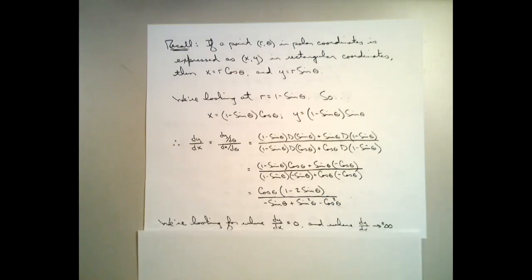And so let's see, we're looking for where dy/dx is 0. That's going to be where the horizontal tangency happens. And where dy/dx goes off to either infinity or negative infinity, right? That's going to be where we have vertical tangency. So what's that mean? We have a fraction here. When is a fraction equal to 0?